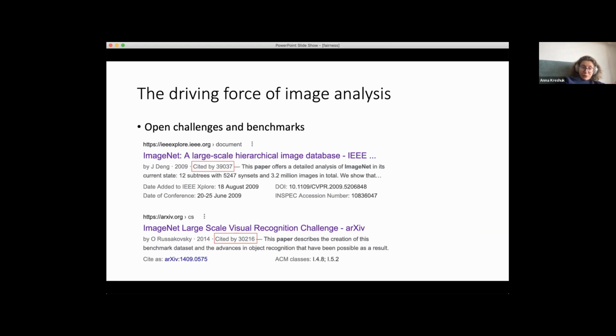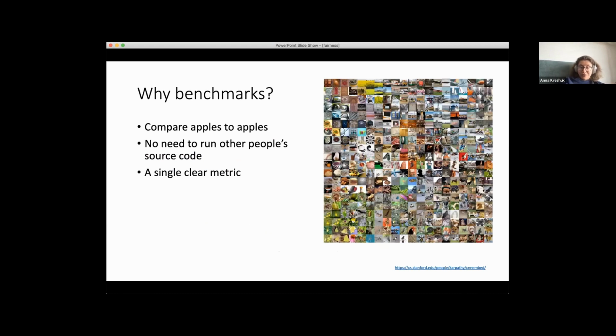I'm showing you just one example, the so-called ImageNet challenge. This is the most famous one, and you can see just how much it's used and how much it's cited. ImageNet has images like these, each showing just one object.